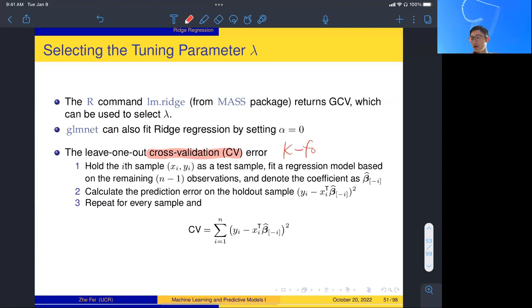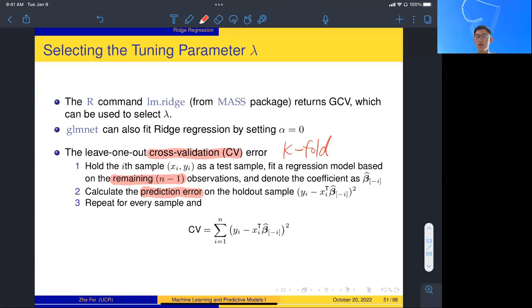Previously we mentioned k-fold, but here we want to hold out each sample, one at a time, and fit our ridge regression based on the remaining n-1 observations. And we calculate the prediction error on the holdout sample. That's the idea of leave-one-out cross-validation.